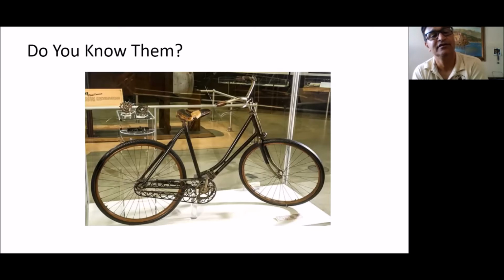You go to Walmart today, you can buy a decent bicycle for $50. So these were great bicycle mechanics, and then they started to solve this huge problem called flying.